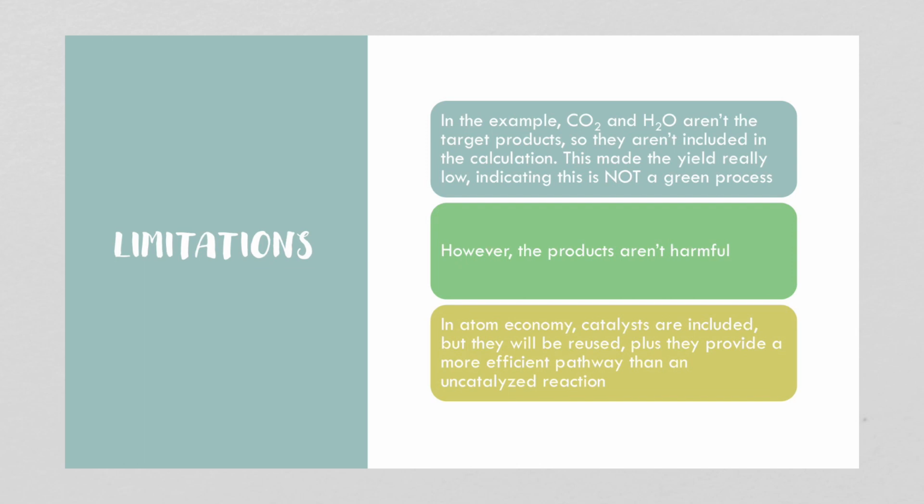And then also in atom economy, catalysts are included, but they get reused, plus they provide a more efficient pathway than an uncatalyzed reaction. So again, this atom economy model doesn't always work. It doesn't work because we are looking at things that are reused, the catalysts, and some of the products aren't harmful. So sometimes it'll make something look like it's not efficient, even though it is.